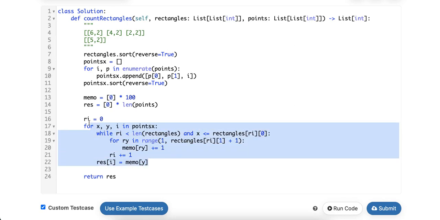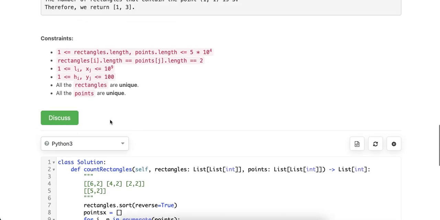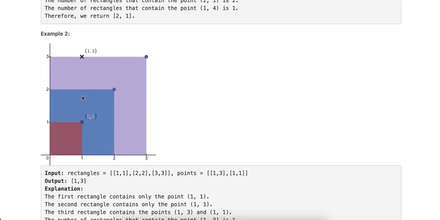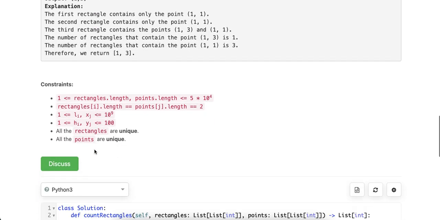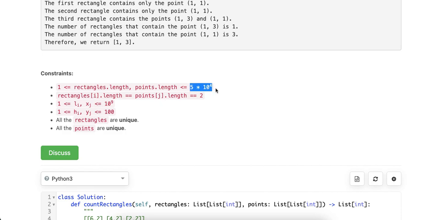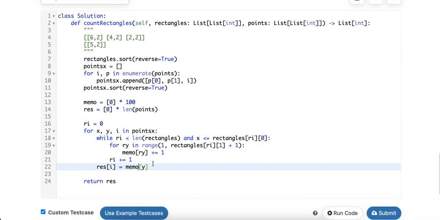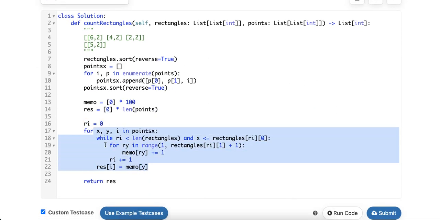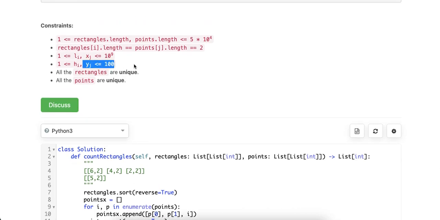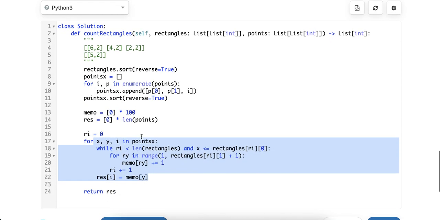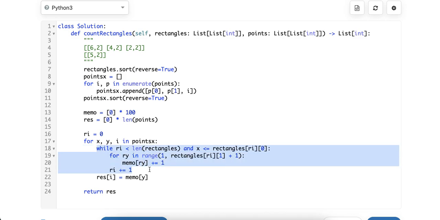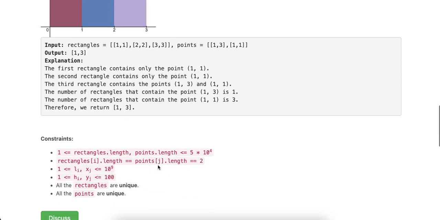But this is actually not efficient if we only have a problem like this, very sparse, only 2 points. But remember, in the constraint, we can have this many points. When we have this, doing this actually makes us faster. Why? Because the y is only 100. So it's just cheaper to pre-compute all the 100 rather than going through all possible 10 to the power of 4.